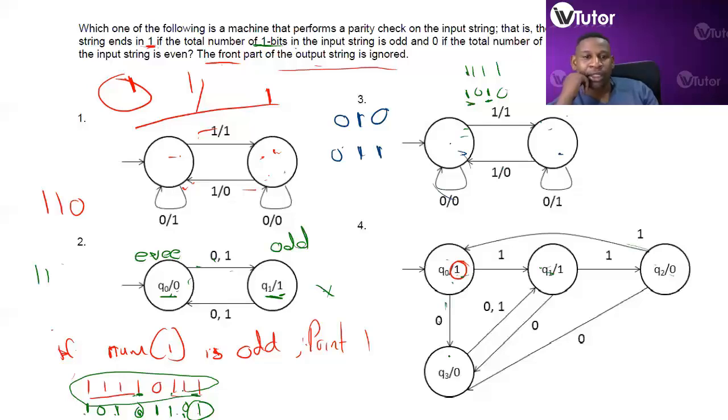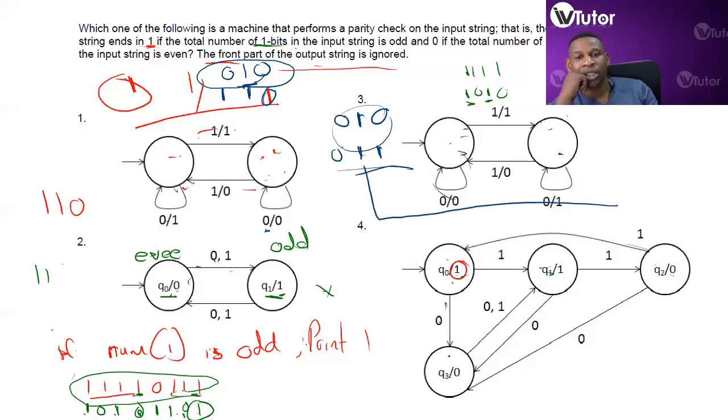Right? In which case here, if I have a 0, I print out a 1 here. If I have got a 1, I print out a 1 there. If I have got a 0, then I print out a 0 there. So this one is wrong because you have got an odd number of 1s in the input, but it's printing out a 0 at the end, whereas this one is printing out a 1 at the end for each odd number. So this will be the correct solution.